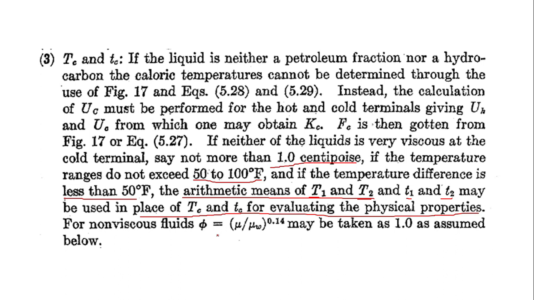And the last point is, if the fluids are non-viscous or less viscous, this is the viscosity correction parameter, and you can assume this parameter is equal to 1 while performing the calculation. I have already explained this point when I was explaining the film coefficient for the tube side.